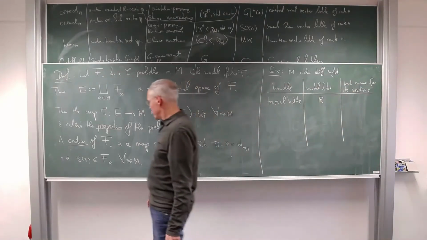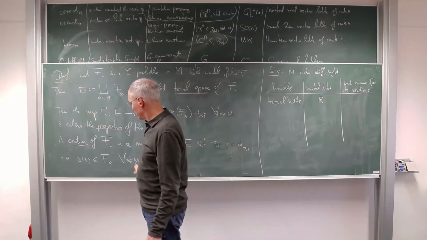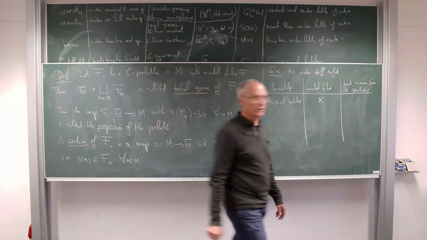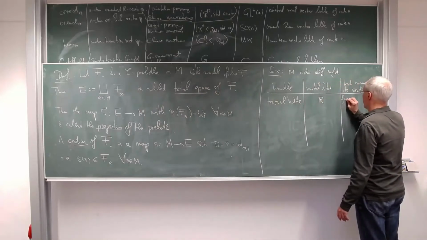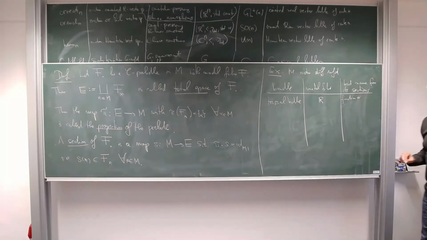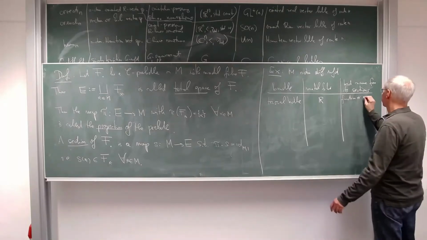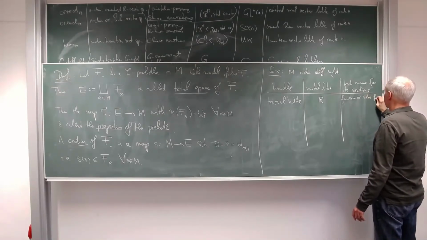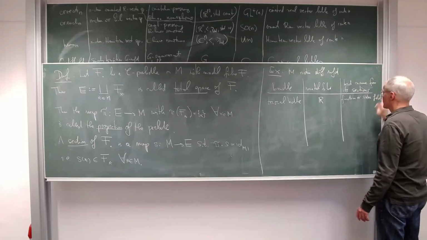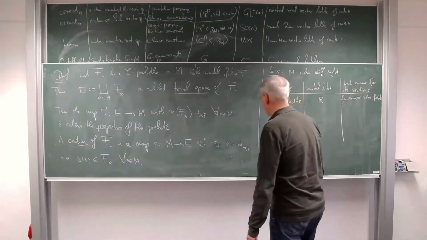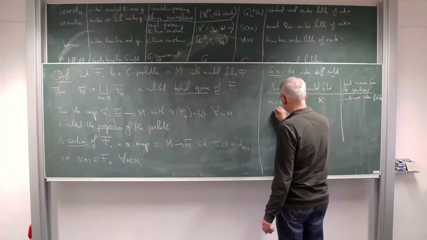It associates to any point of the manifold an element in R. So this is just a real valued function, or physicists in particular like to call these scalar fields. So, functions, scalar fields.